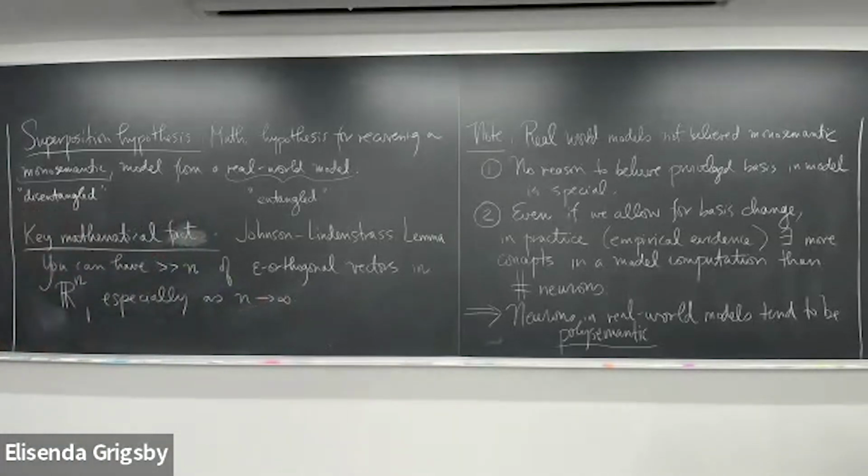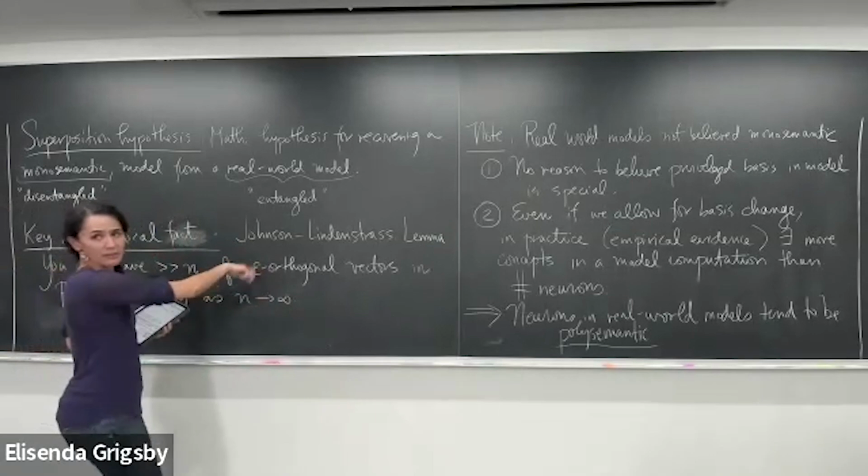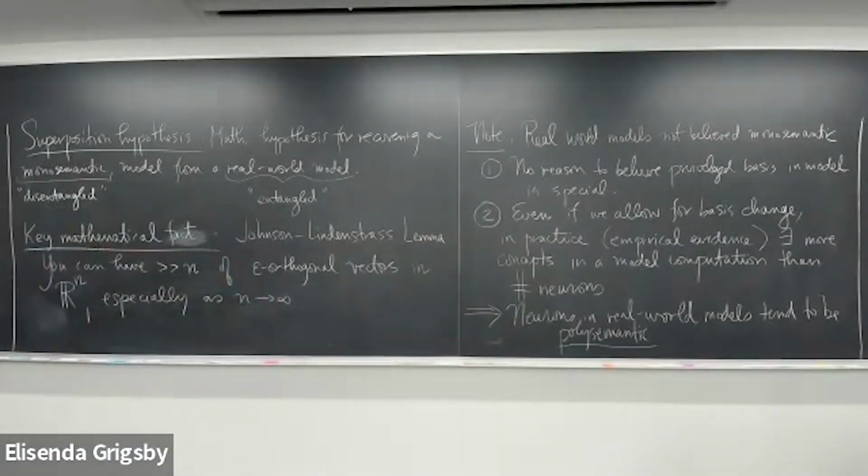If you're in R^n, you can fit at most n mutually orthogonal vectors. But if n gets very large, it turns out that the number of epsilon orthogonal vectors, meaning the dot product is less than epsilon in absolute value, grows exponentially with n.